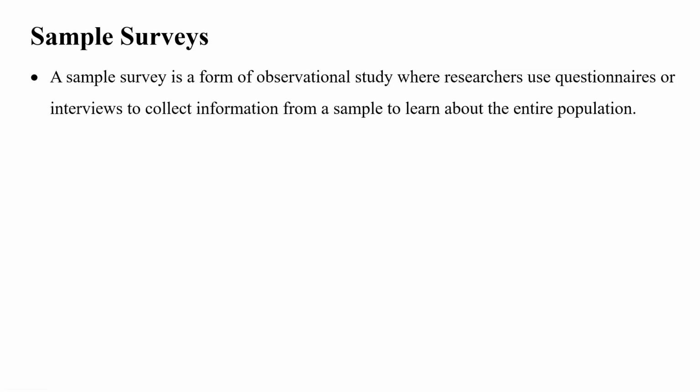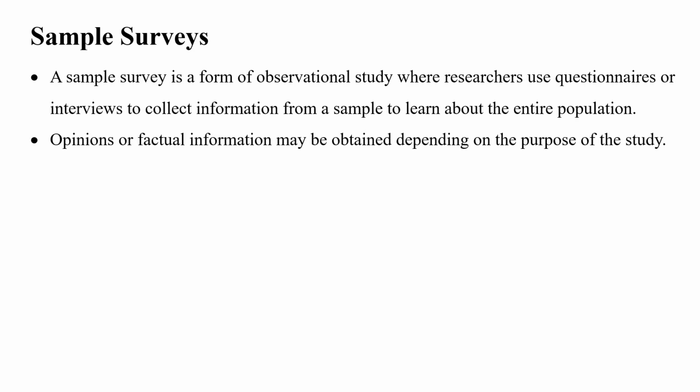A specific type of observational study that we use is a sample survey. Okay? So a sample survey is a subset of an observational study where researchers use questionnaires or interviews to collect information. So you're not looking at necessarily information that's already available. You do have to go out and gather the data, but it is still a form of observational study because you are just observing what is already there.